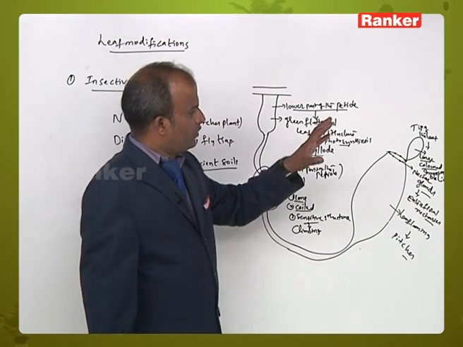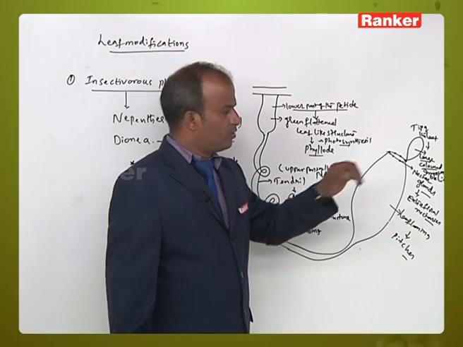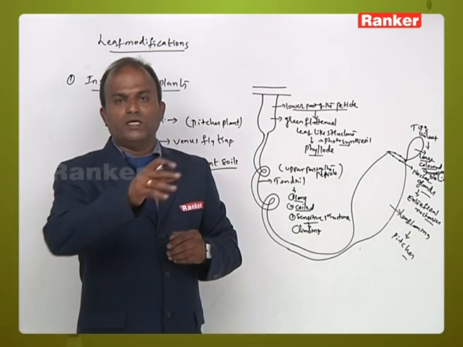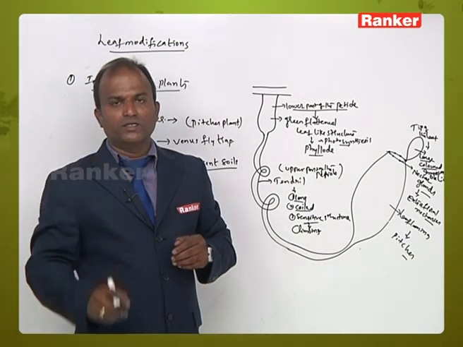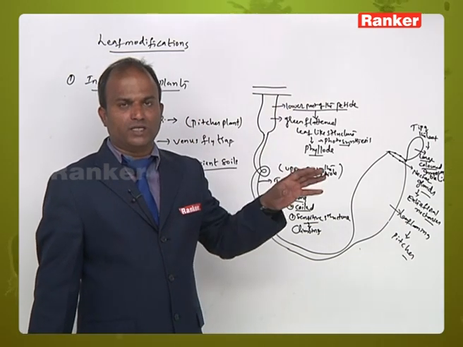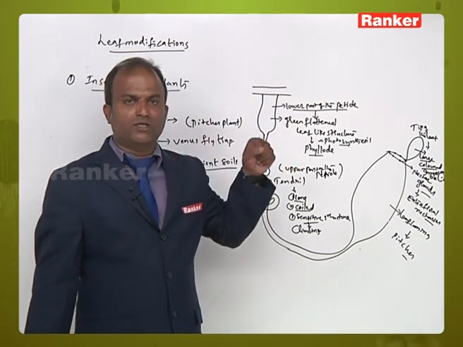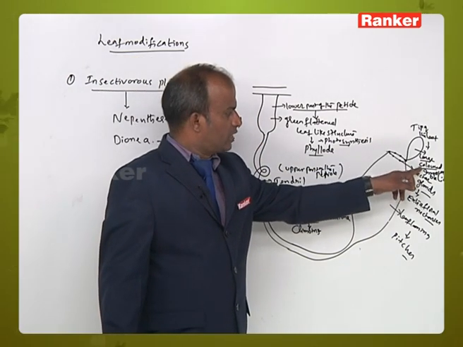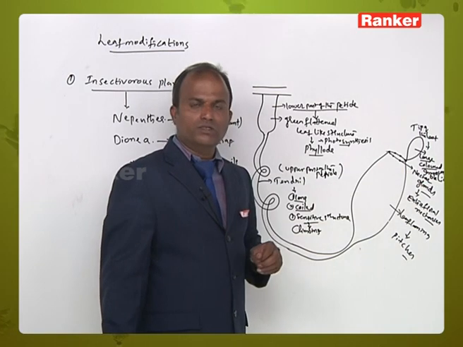What is the main function of this lid? As it is colorful, it attracts the insects. The insects will think that something is present in this area, so they are drawn towards this large, colorful, immovable lid.